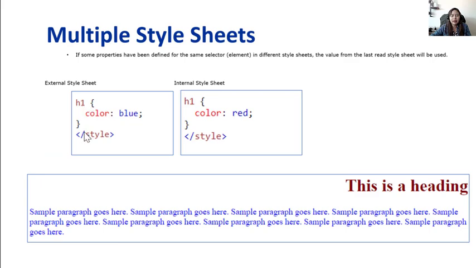So that's what I meant here. You have an external style sheet that specifies h1 and an internal style sheet that also specifies h1. Now, as I said, if the last code or call is on the internal style sheet, then your h1 or your heading will be red and not blue.